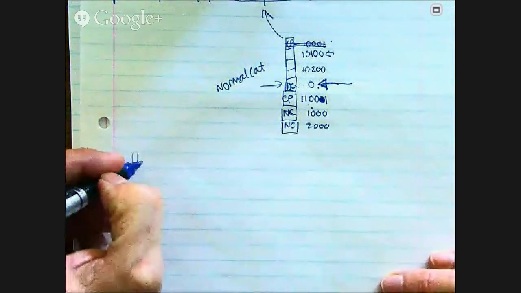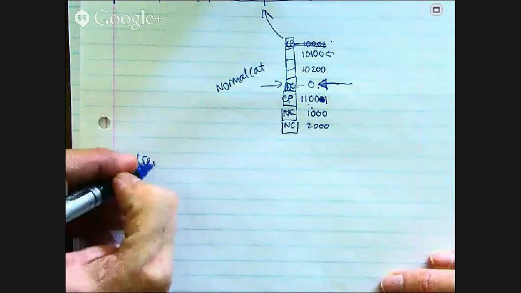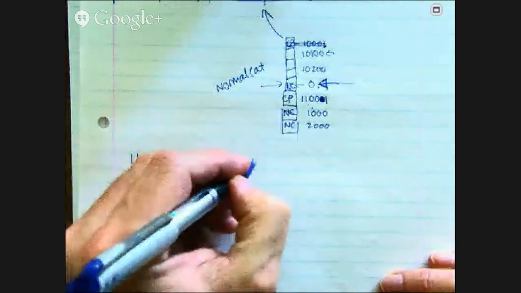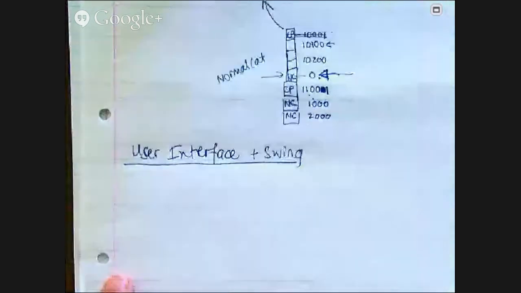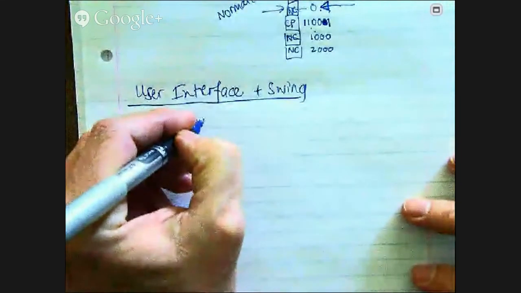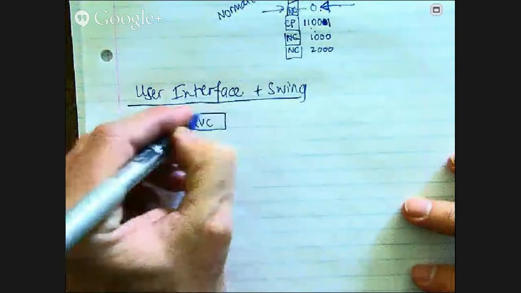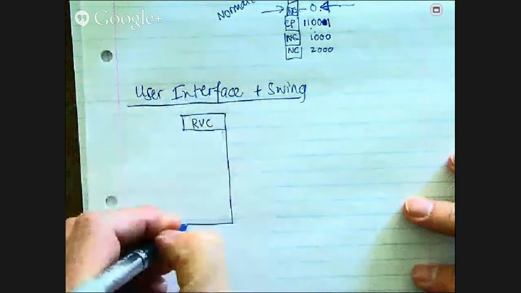So user interface with Swing. How does it work? Well, Swing provides a lot of infrastructure, and part of that is basically a while loop that listens for all kinds of user events. So RVC is my class where I define my user interface. That's really my whole game. It's a class like that.